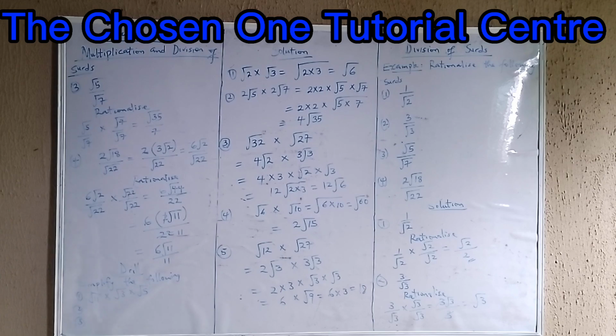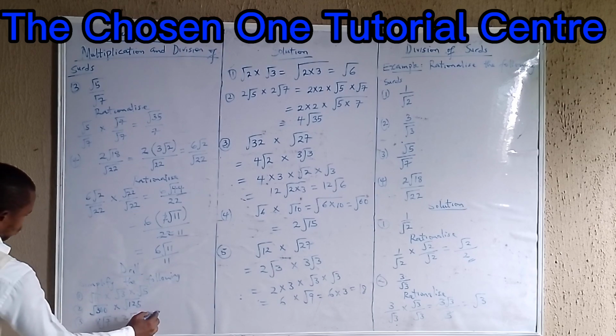Then number 2, you have root 300 times root 125. Then number 3, you have 8 root 7 times 2 root 7 times 3 root 2.